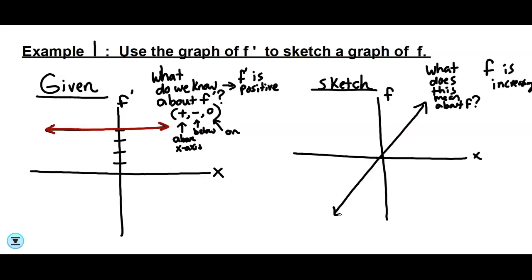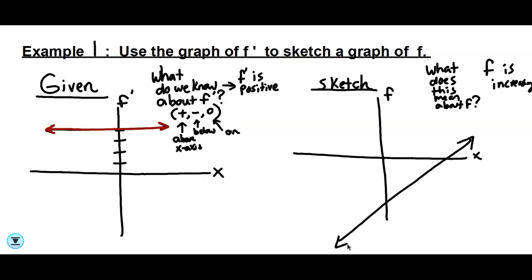Now we don't know where that line is, okay? So the line could actually be up here instead, or the line could be down here. We don't know. All we know is that f is increasing. We don't know anything about its initial conditions.